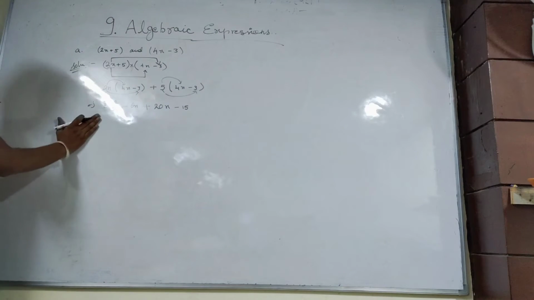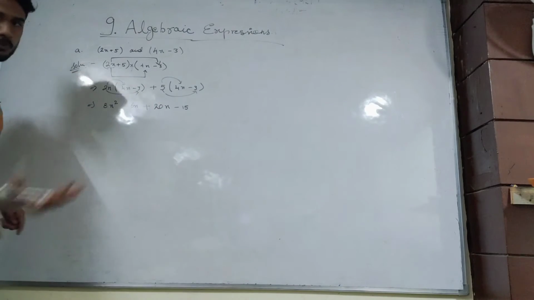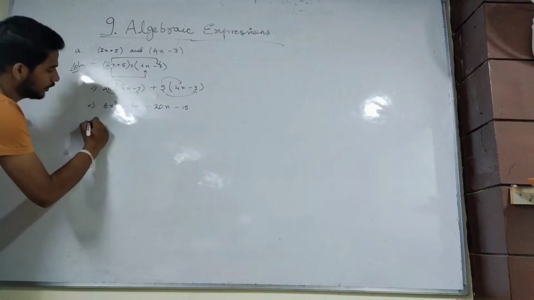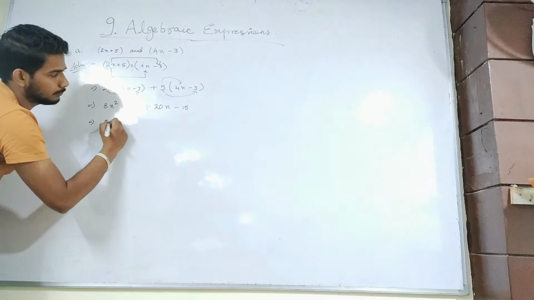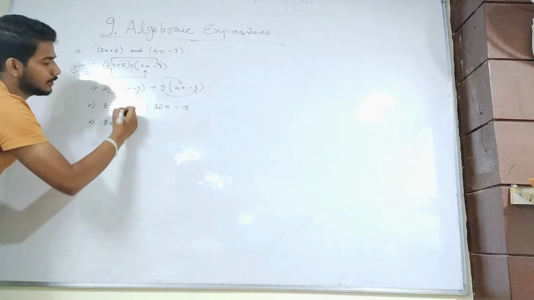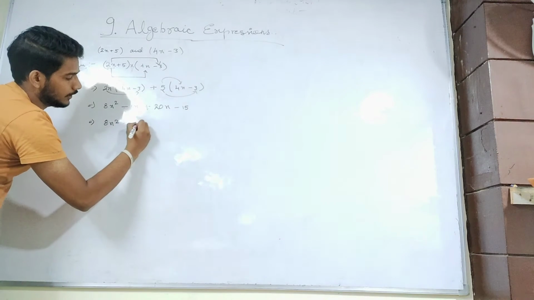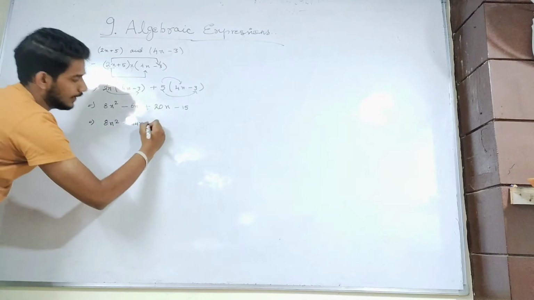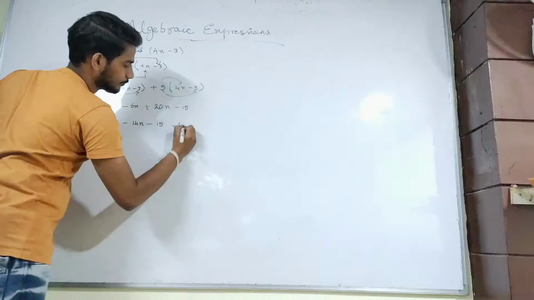Now we simply have to add or subtract the x terms, as only the x terms are more than one. Minus 6x plus 20x will be plus 14x, and the remaining is minus 15. This is your answer.